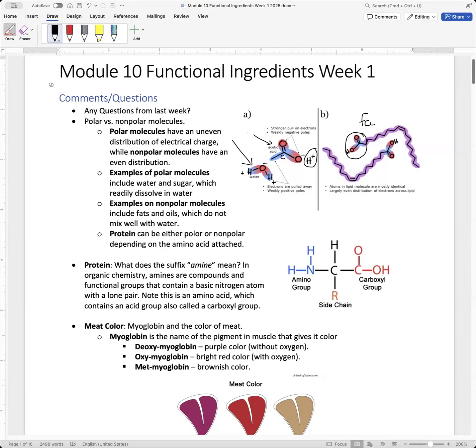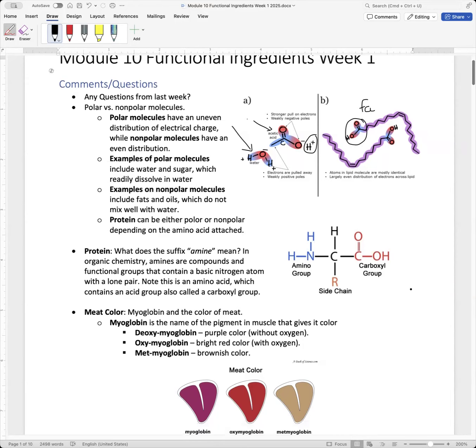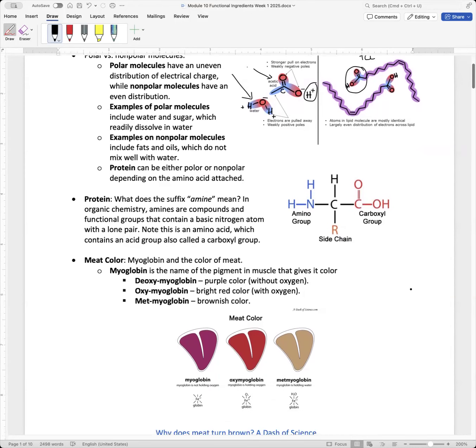I missed that. Okay, so from a previous class, somebody asked what a protein was, and a protein is an amine. It's the suffix amine, and it means it has an amino group.